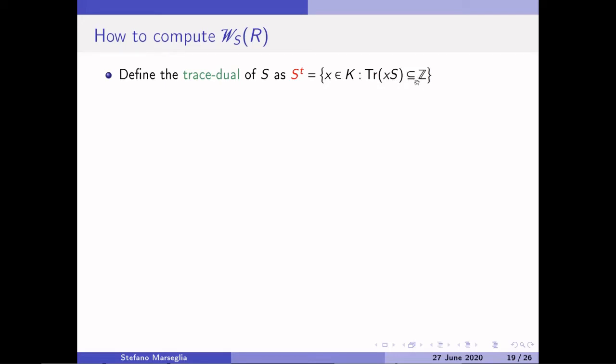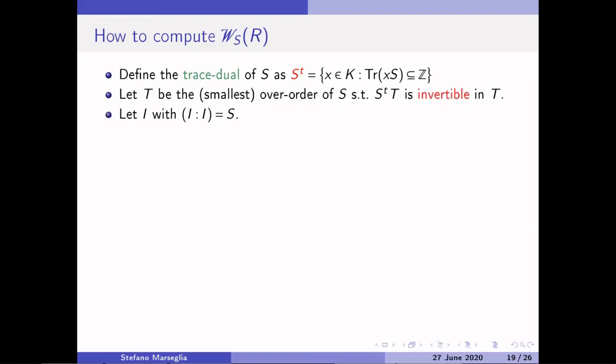This is a subset of the integers. Okay, so it's a dual with respect to the trace map. And again, this is defined basically only by linear algebra, so it's very easy to compute as well. So this is also a cool thing. And yes, this is T. I chose the notation because the S^t in the example was precisely the trace dual of that order. Okay, so now you really know what it is.